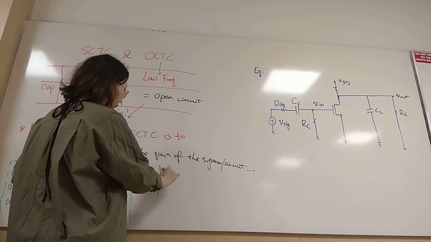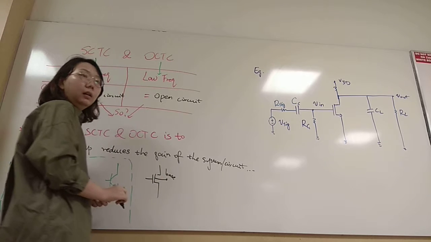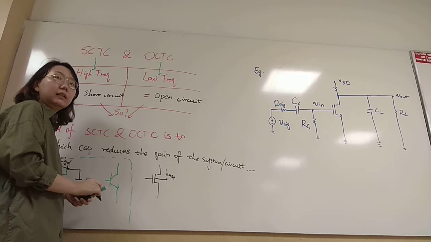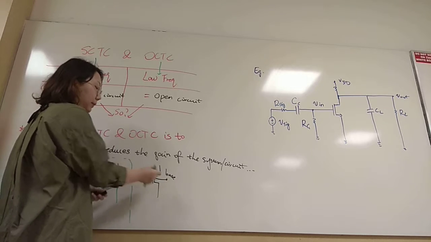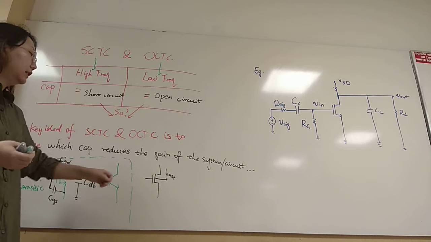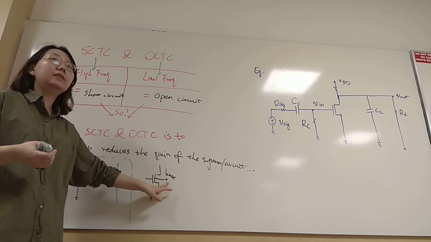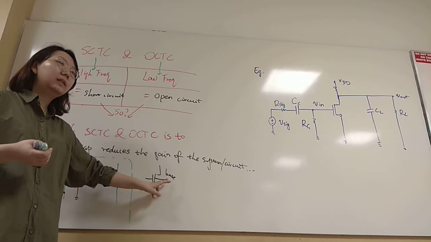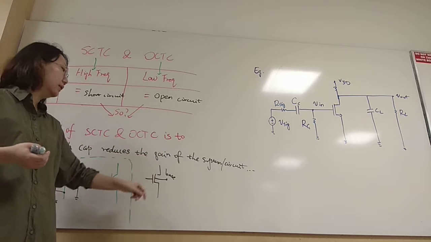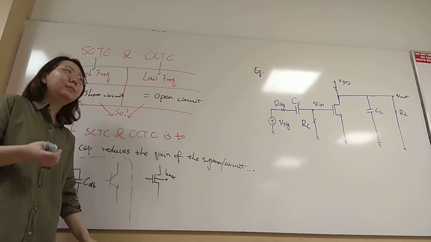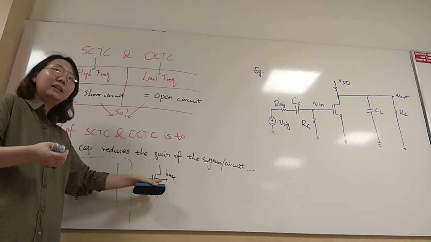Here is the base terminal. It is a 4 terminal device. But for simplicity, usually we just ignore this base because for all the NMOS, this base is always connected to the ground, and for PMOS, this base is always tied to VDD. So we usually ignore this one, but you should know there is a base.